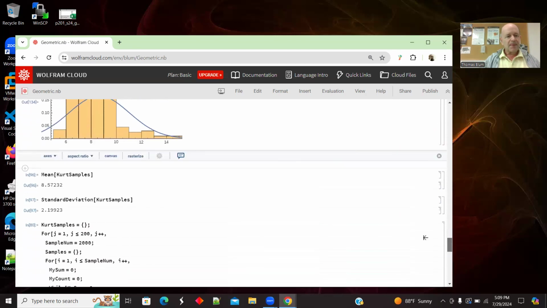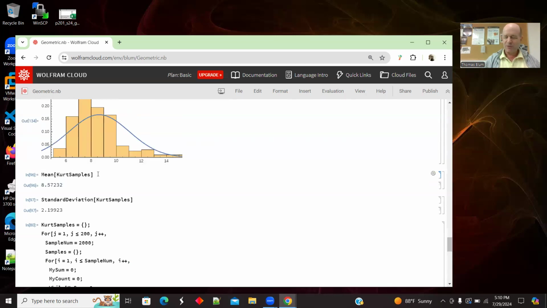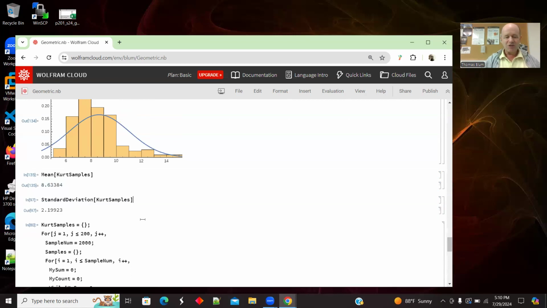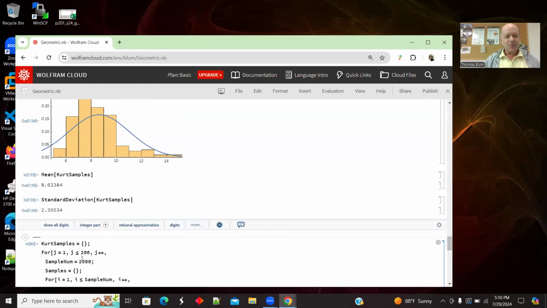Okay. And then I got an explicit mean of the kurtosis examples. We were expecting this to be around 9, and I got like maybe a standard deviation. I just get those individual values rather than using them as parameters of the normal distribution.